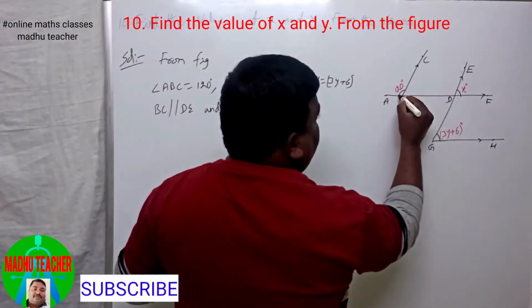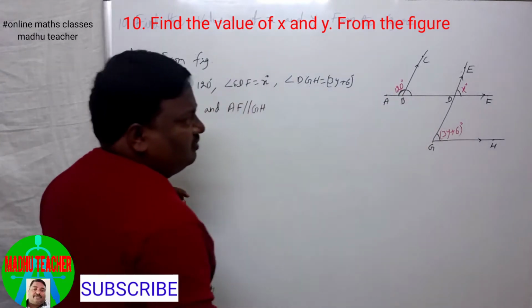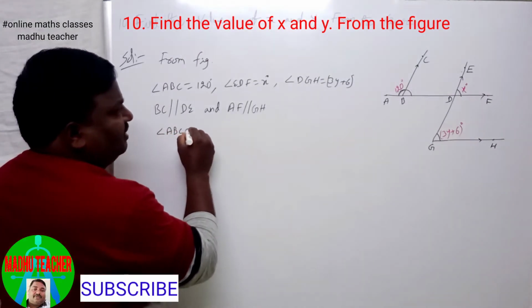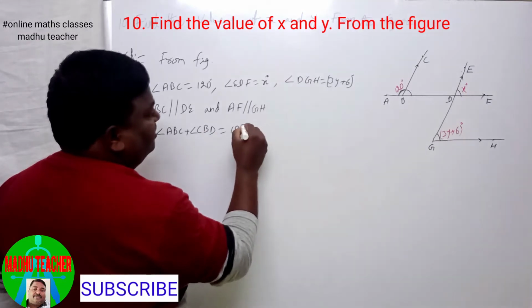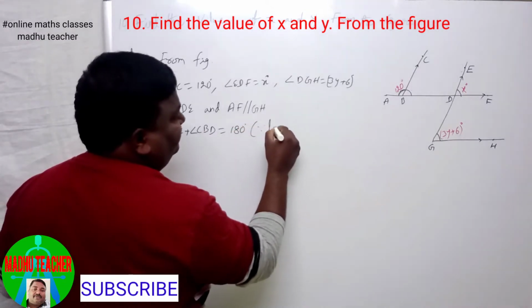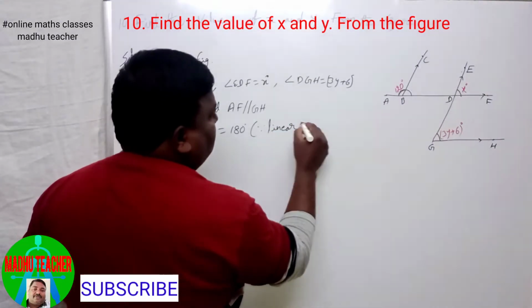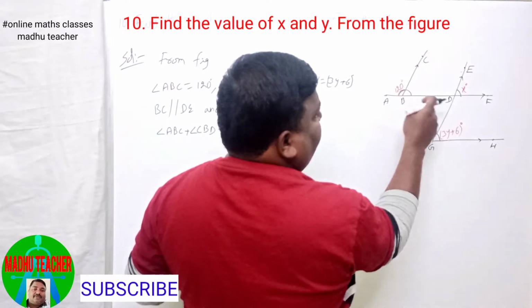We know that these two angles are linear pair. What are those? Angle ABC plus angle CBD equal to 180 degrees since linear pair. Angle ABC, this one, and angle CBD, this.